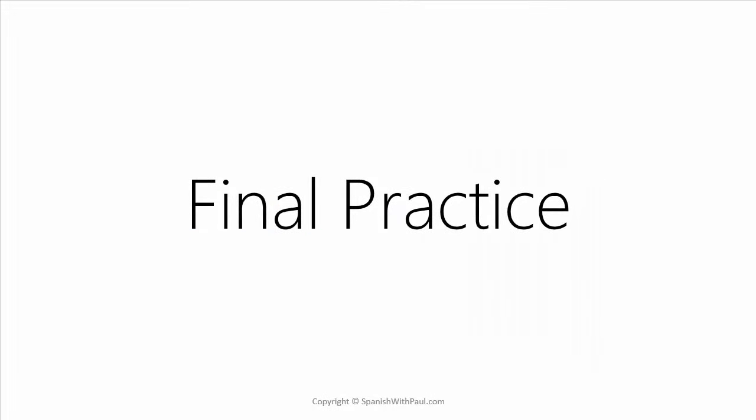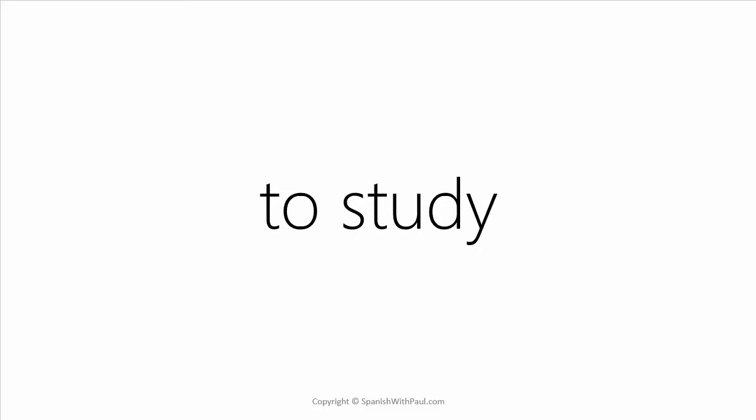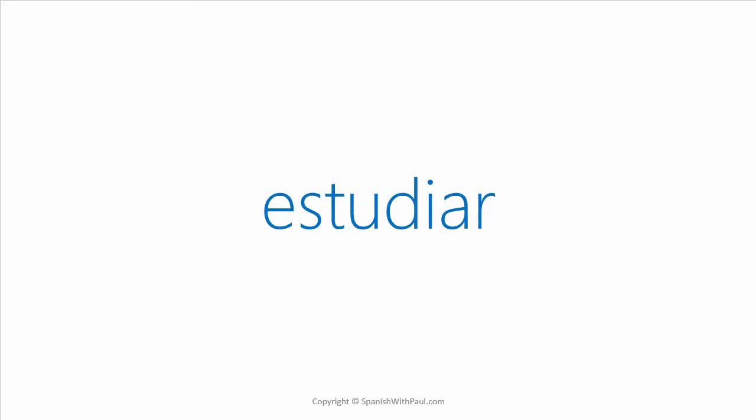We'll finish off with some final practice now. Sometimes you'll be required to use para, and sometimes you won't. So be careful to make that distinction. Only use para when you have a legitimate reason to do so. First off, how would you say to study? What's the verb? Estudiar.